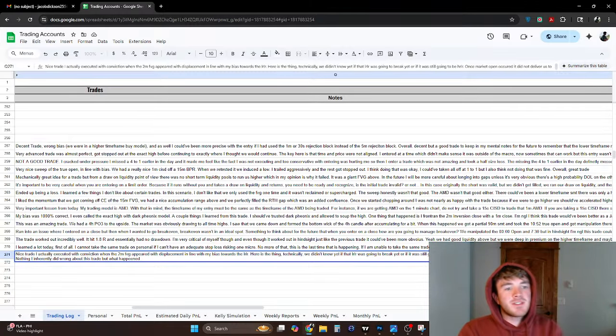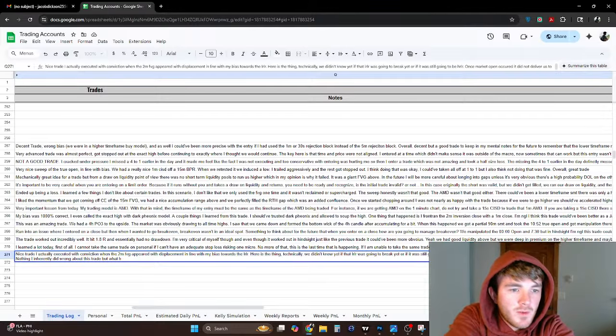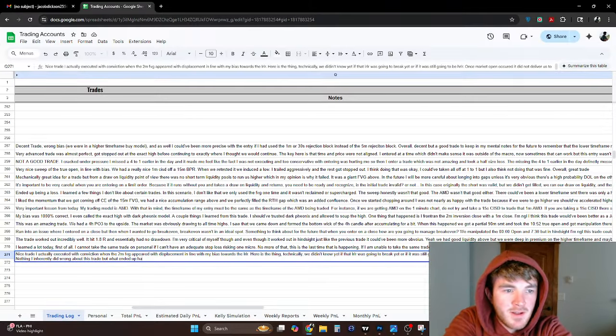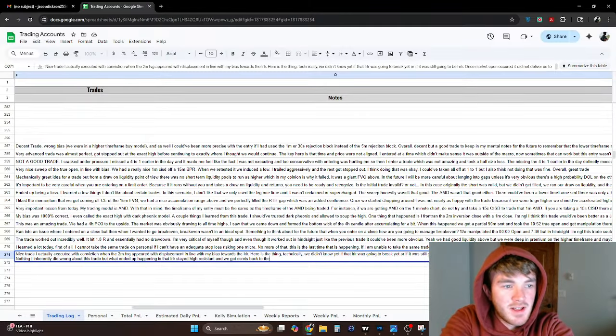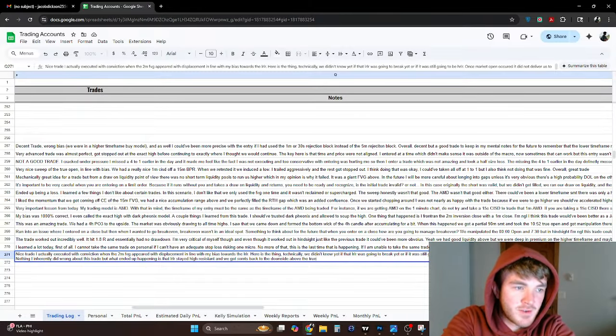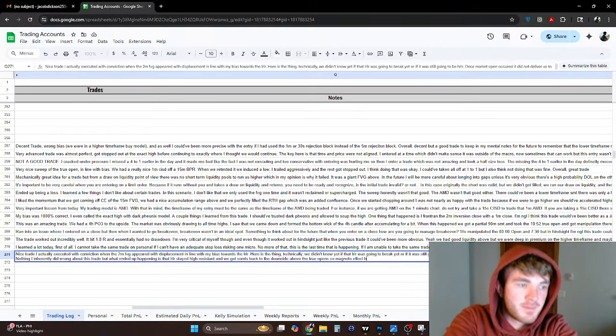Nothing I inherently did wrong about this trade, but what ended up happening is that LRR stayed high resistant and we got SMTs back to the downside above the true opens, so the Magneto effect brought us back to the lows and took me out at break even.